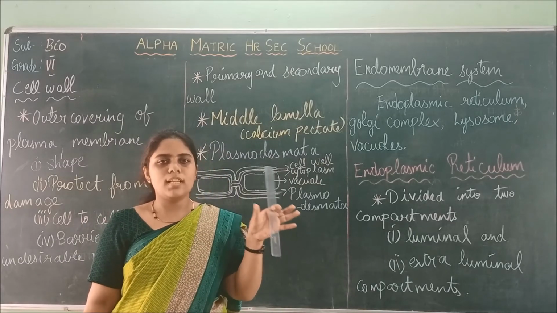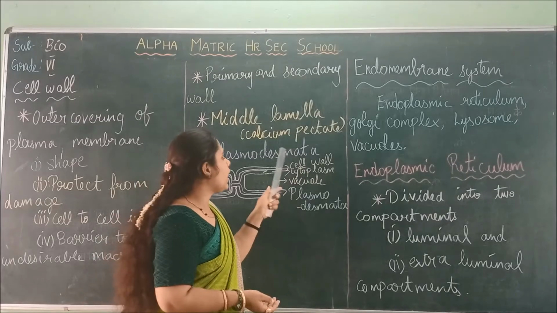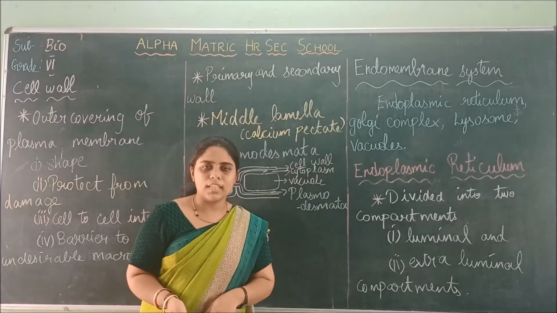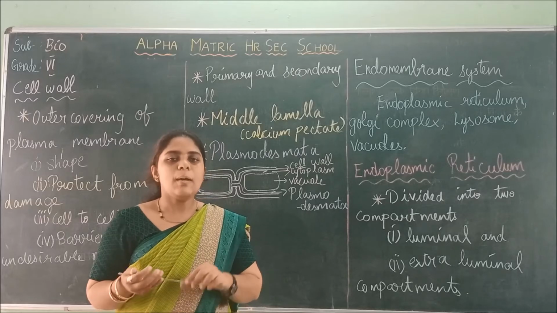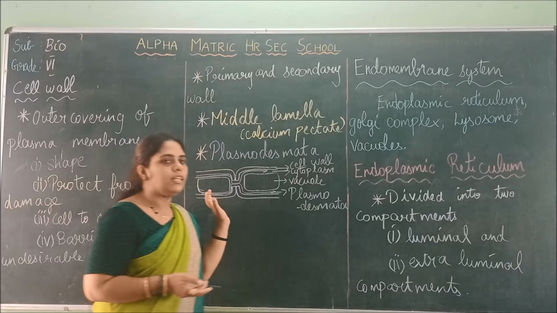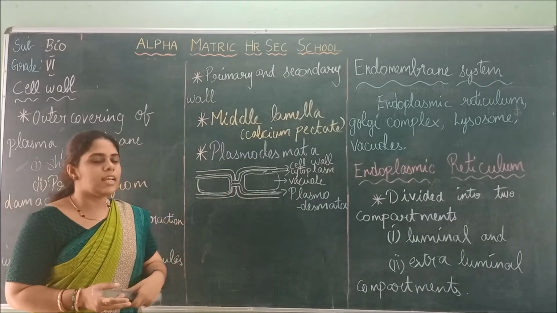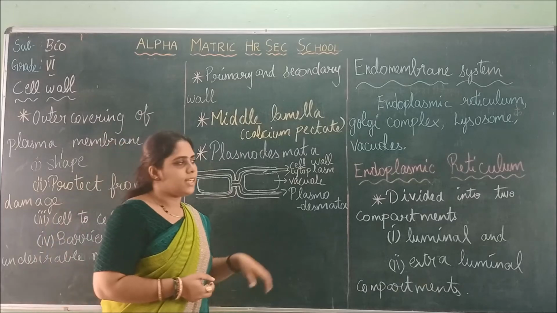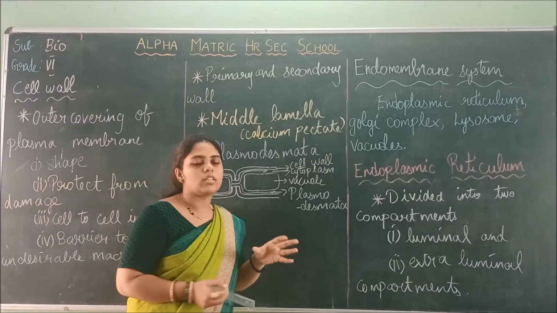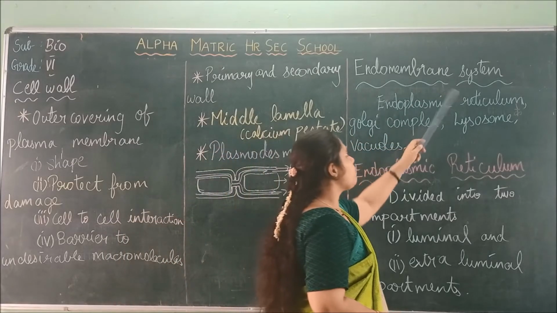When the cytoplasm of one cell and another cell are connected, that is called plasmodesmata. There is a connectivity between one cell and another cell. So this is all about the cell wall. And next is the endomembrane system.